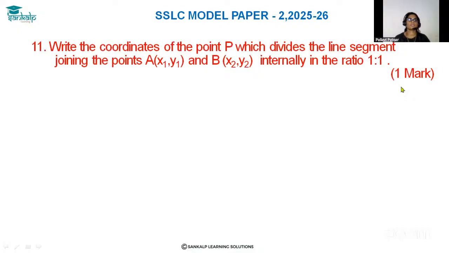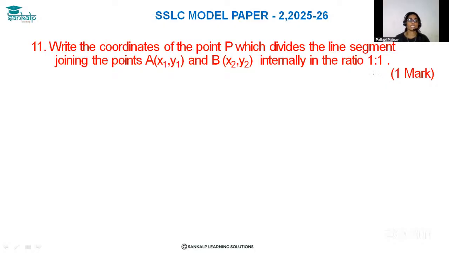Hello everyone. Look at the question number 11. Write the coordinates of the point P which divides the line segment joining the points A (x1, y1) and B (x2, y2) internally in the ratio 1:1.